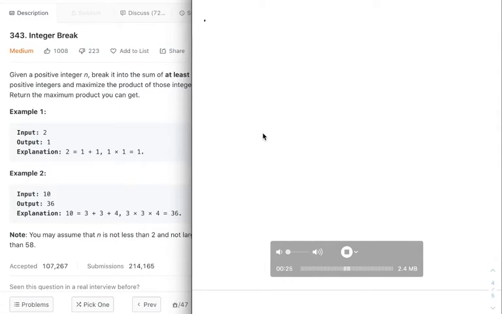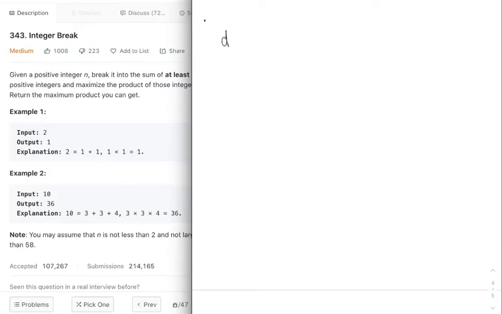So, let's say, for example, you have the integer 6, right? dp of 6. Okay, so here's how you can sum to 6. You have 5 plus 1, you have 4 plus 2, we have 3 plus 3, on and on and on, 1 plus 5.